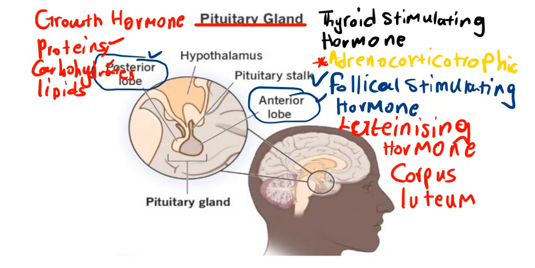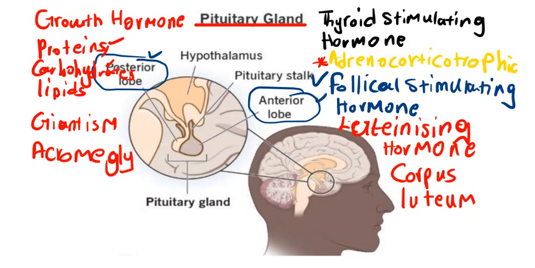Now, we have to understand that high secretion of growth hormone leads to giantism and the condition which we call acromegaly. So we have two effects if there is high secretion of growth hormone. We have giantism and acromegaly.